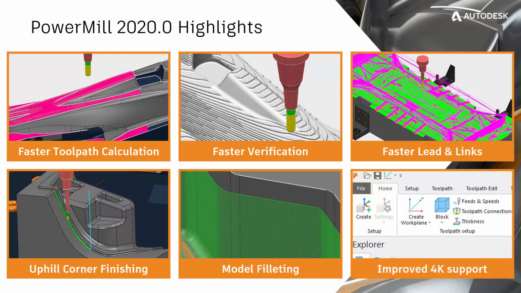Well, Powermill 2020 included multiple speed-ups to toolpath calculation, simulation, and verification. Commonly used toolpath types such as raster, corner finishing, constant Z, 3D offset, area clearance, all of these toolpaths processed faster with up to 67% faster calculation times in 2020 when compared with 2019.